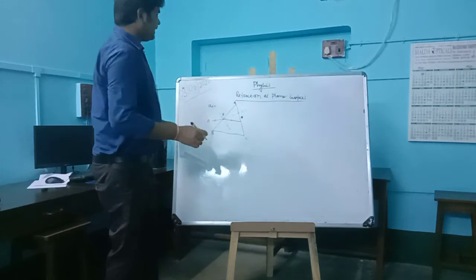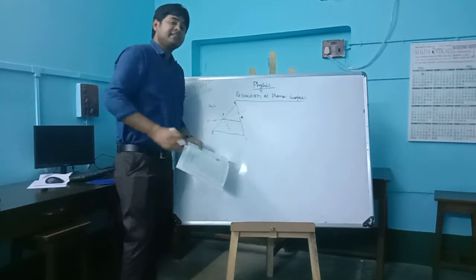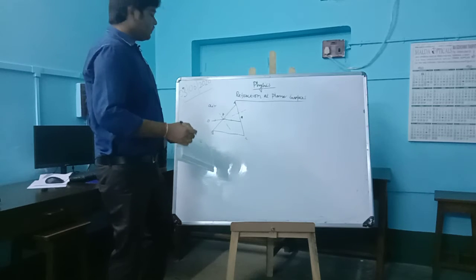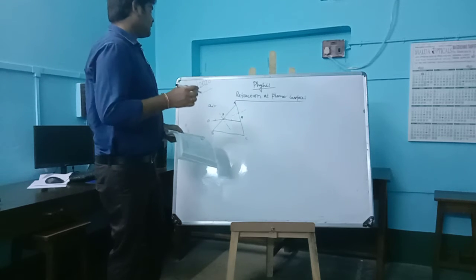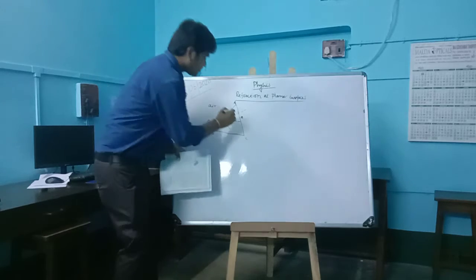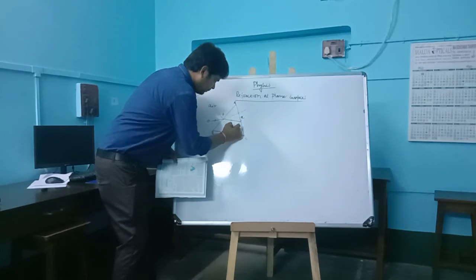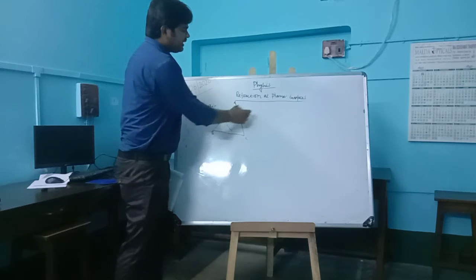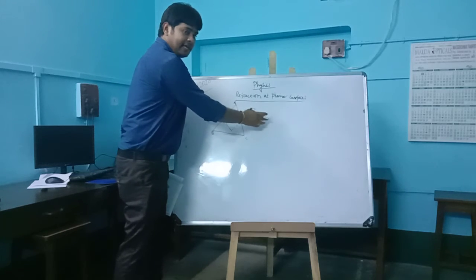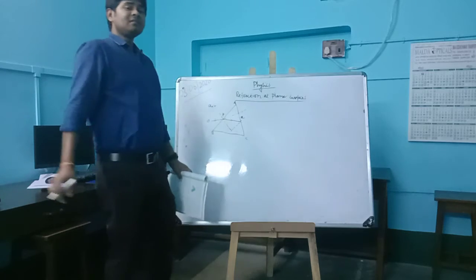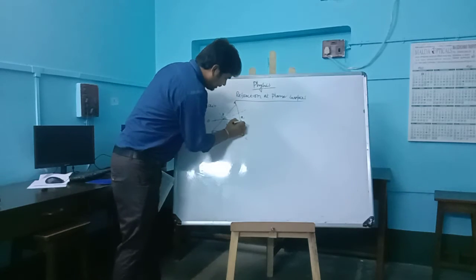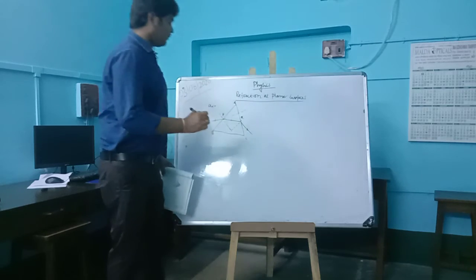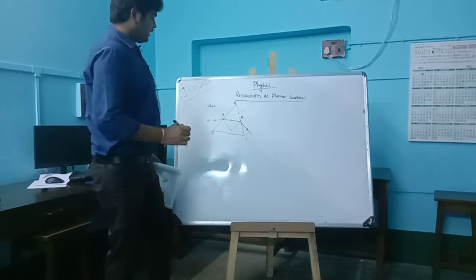The light incident strikes at the second refracting surface. After emerging through the prism, it will bend away from the normal. Why? Because this is the denser medium and this is the air, because this is a rarer medium. After emerging through that surface, it will move away from the normal.